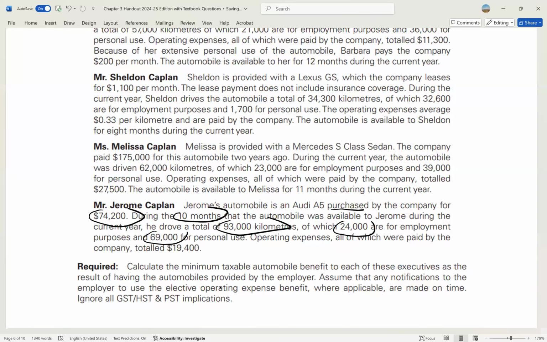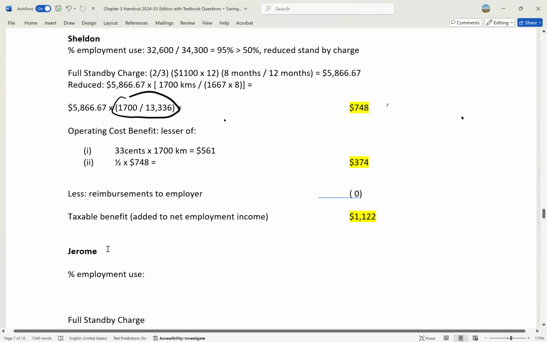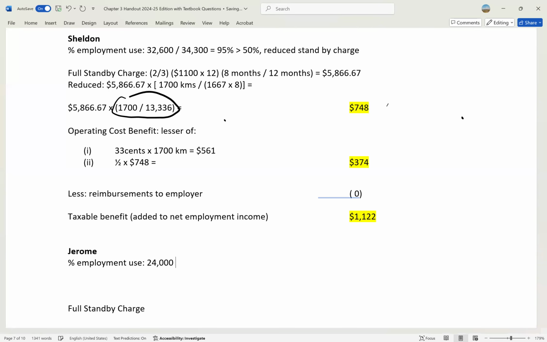So once again, first thing I would do in this type of question is figure out the percentage employment use. For Jerome, he drove it only 24,000 kilometers for employment. Total was 93,000. And so this is 25.8%. And so in this one, there's going to be no reduction.